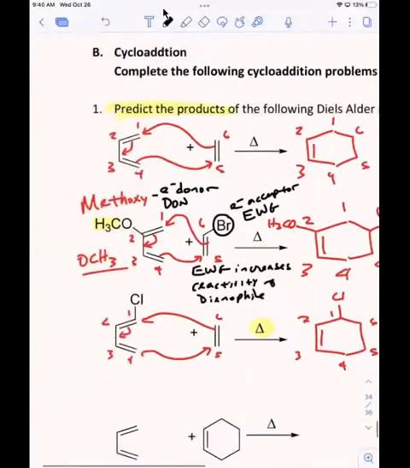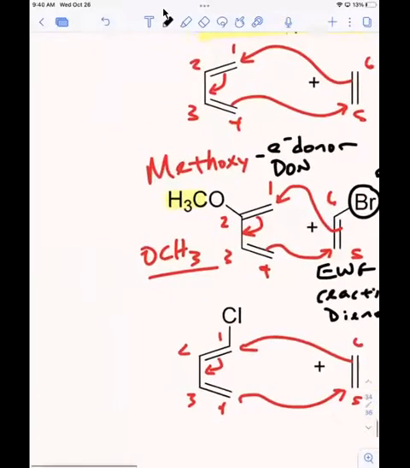Right, so if you put an electron withdrawing group on there, the energy of the LUMO decreases. So it brings the HOMO and LUMO closer together in energy. That's why that makes it more reactive. And if you add a donor to your dienophile, it does the same thing, but it's the opposite effect. A donor raises the energy of the HOMO. So either way, you're closing the gap between the HOMO and the LUMO, and anytime you can do that, you're going to increase the reaction rate.